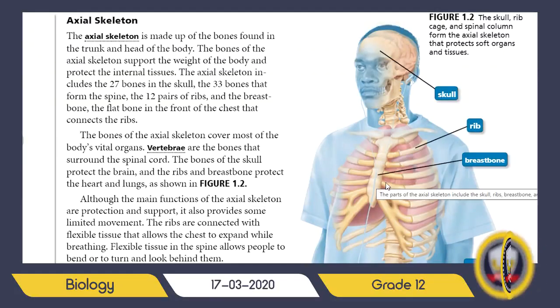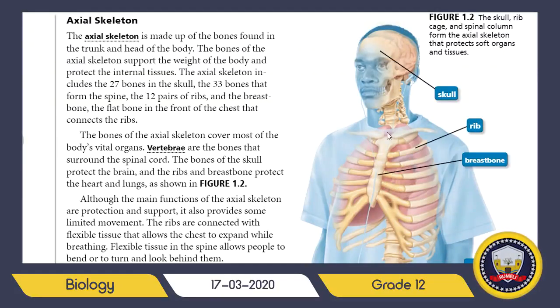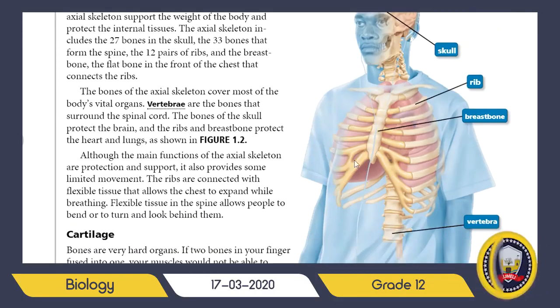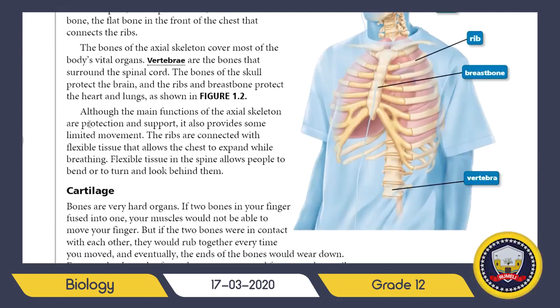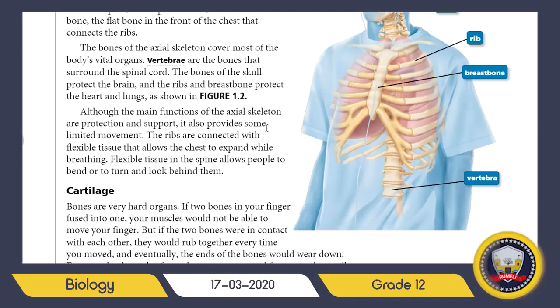The rib cage and the breastbone protect the heart and the lungs. The main function of the axial skeleton is protection and support, but it also provides some limited movement.